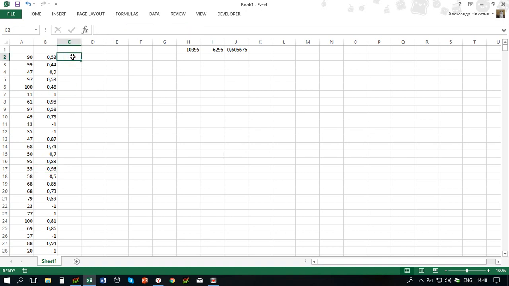Let's calculate the average risk to reward. What is the average risk to reward? This equals AVERAGE. Average of what? Of this, with the criteria more than 0. We don't need to calculate the losses, they are always -1. But when we have a winner, what is the average winner?